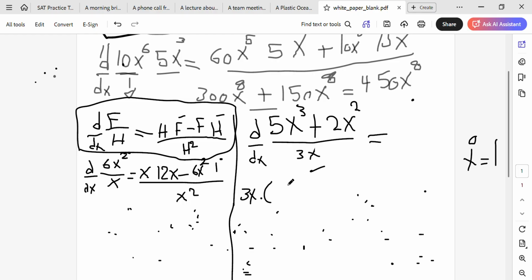For 5x raised to the power 3, the derivative will be 3 times 5, that's 15. And you just subtract n minus 1, where n is 3.